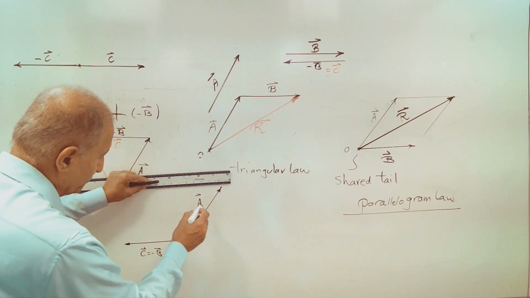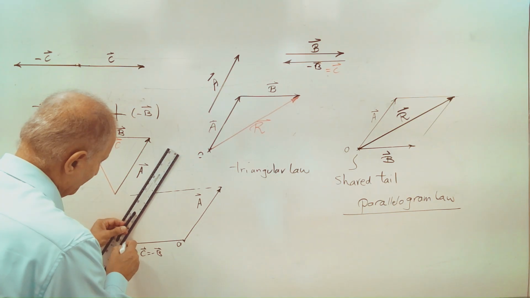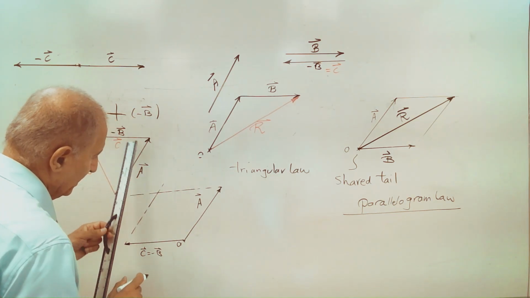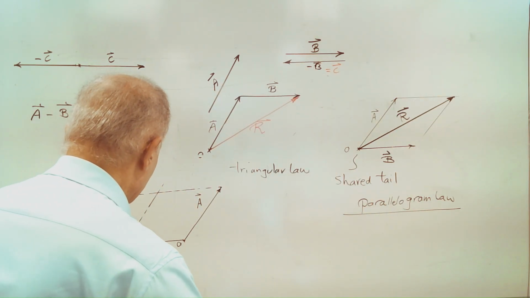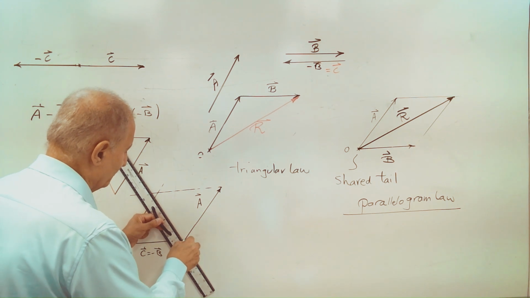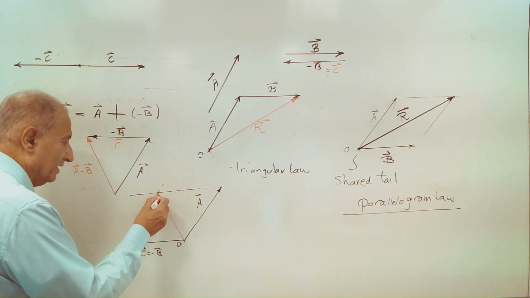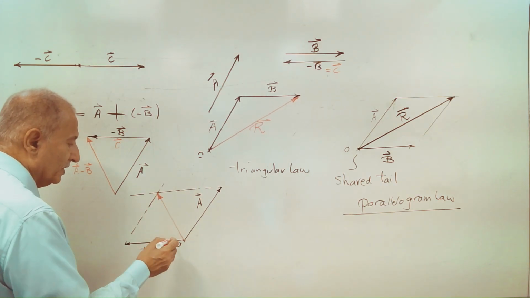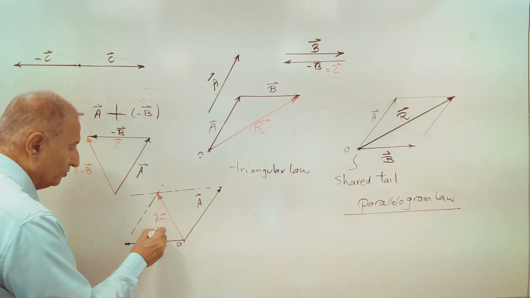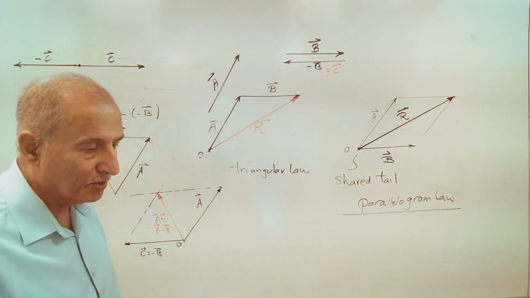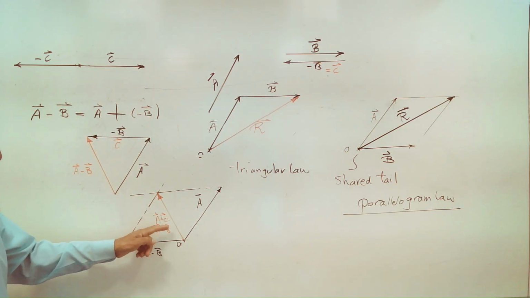Then construct the parallelogram, and the resultant of this addition is the diagonal that has the shared tail. This is A plus C, which is equivalent to A minus B, because C is equal to minus B. Then this is the subtraction.